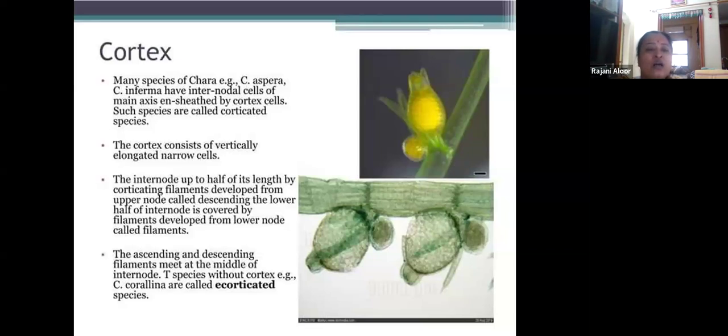The internode is lengthened by corticating filaments developed from the upper node and from the lower half of the internode. These filaments form the cortex.